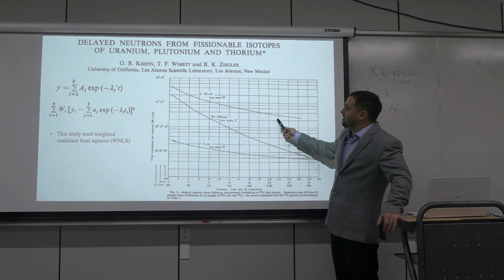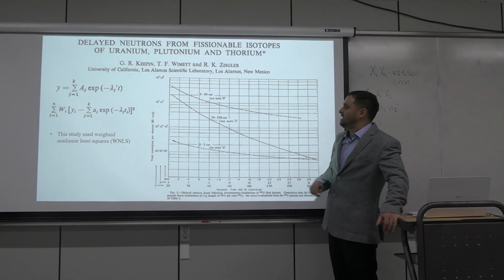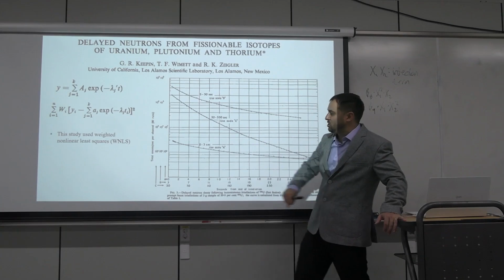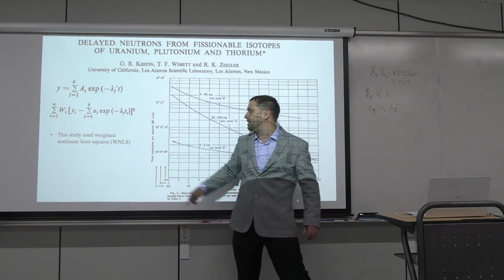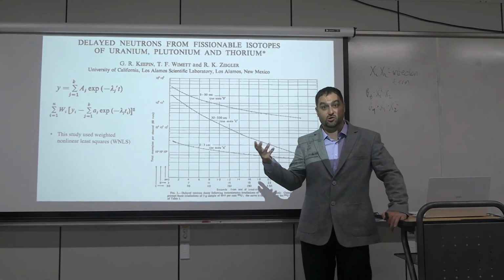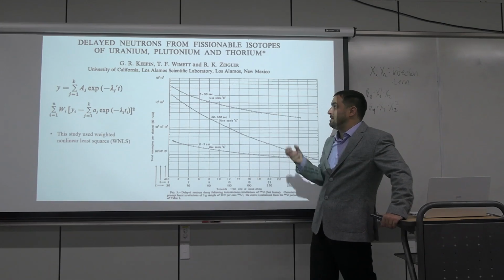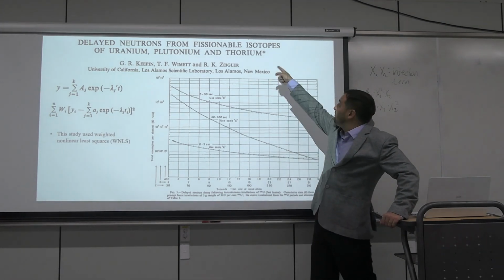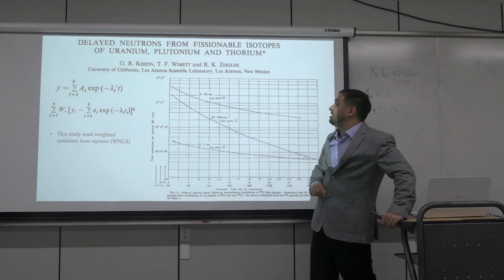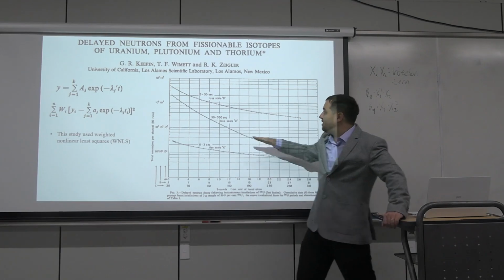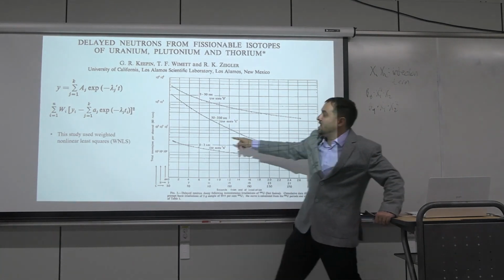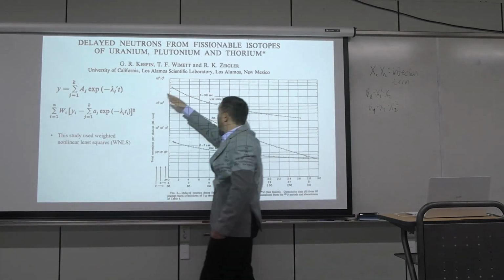This is showing the data points, which are the actual measured count rates, counts per second. They were measuring neutrons emitted by the fission products from the fission of the uranium, plutonium, and thorium isotopes. And so they fit these exponential curves.